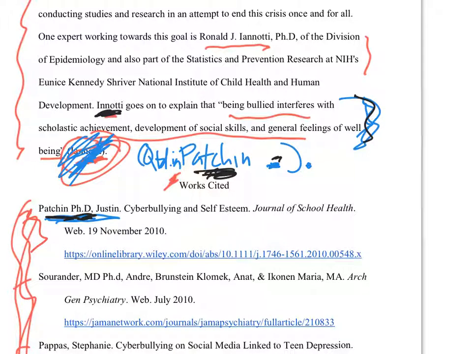You're doing that for yourself. So if that is possible, you should do that. But for our purposes, I'm perfectly okay with us doing the QTD in the source. And that would make sure that the in-text citation matches up with a full citation at the end of the paper.